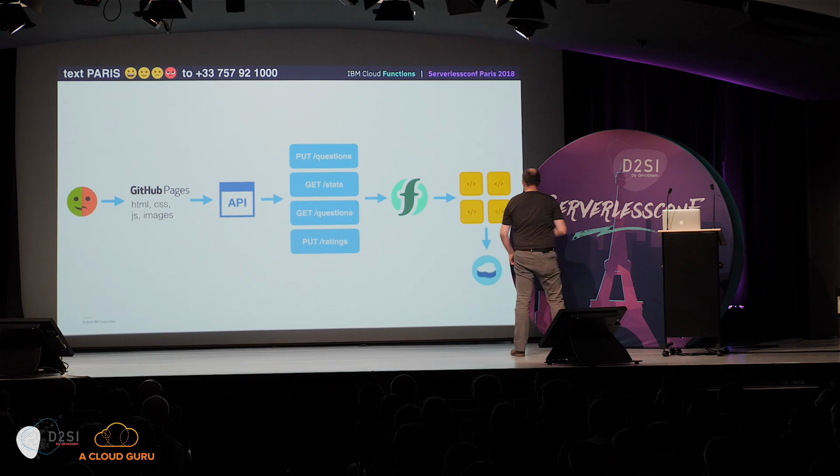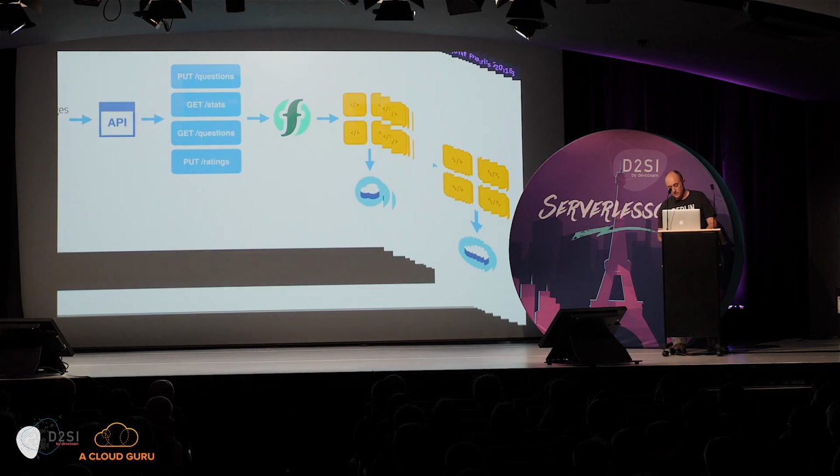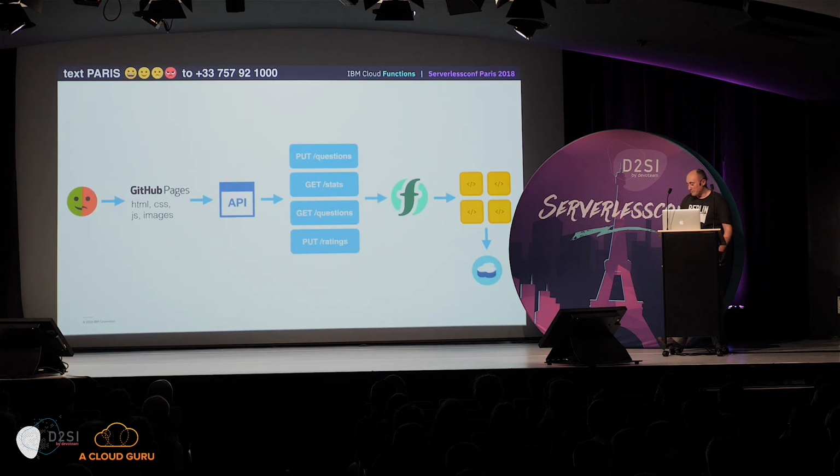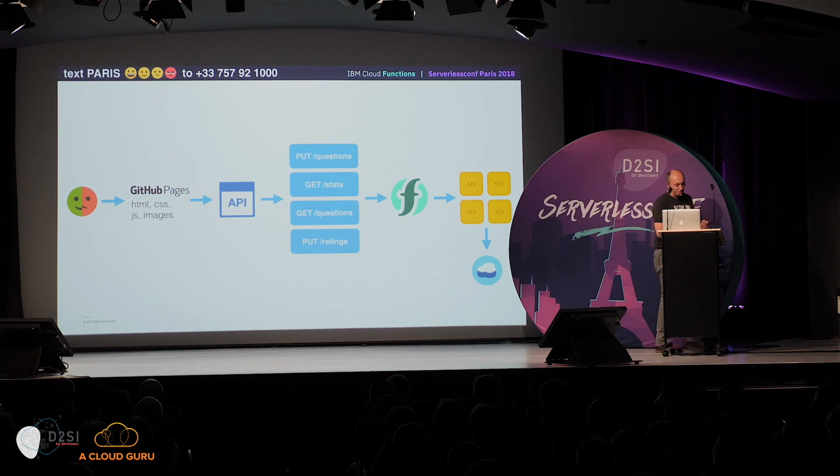And further down, there is Cloudant, which is a NoSQL database. This database has a connection with Cloud Functions, so it's provided by IBM too. And there is a way to set a trigger on the Cloudant database to be notified whenever there is something new. That's what I wanted to try, to get notified whenever someone is rating the application.